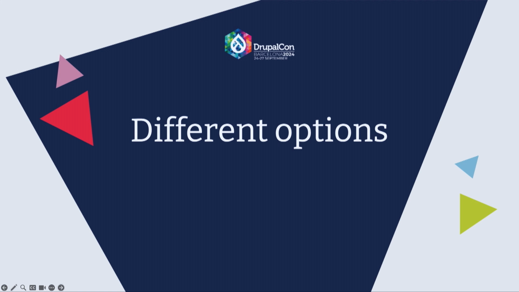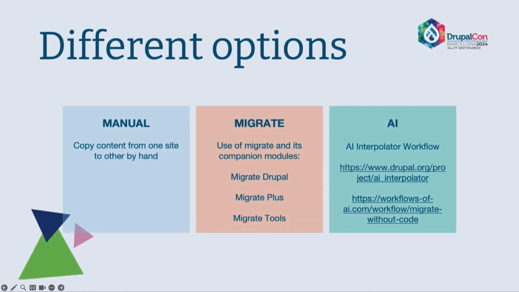We have different options when talking about migrations. We can make a manual migration, copy content from one site to another by hand. We can use the migrate module, of course, usually with all its companions: Migrate Drupal, Migrate Plus, Migrate Tools, and so on. Of course, we can use AI. We have to talk about AI today because it's a must on every session, I think.